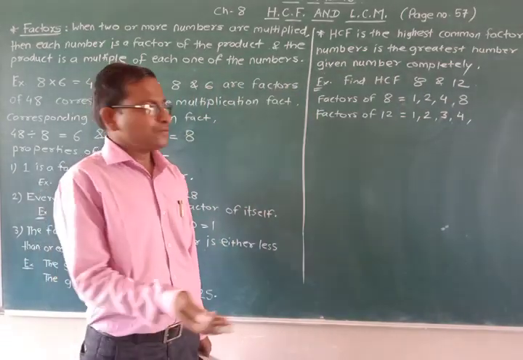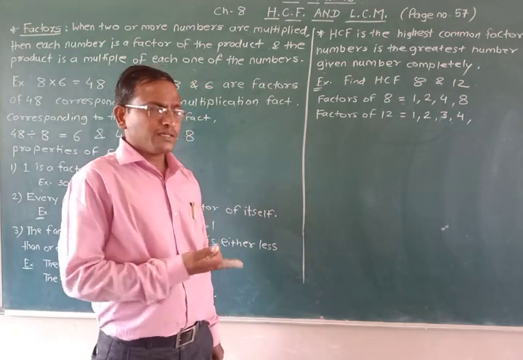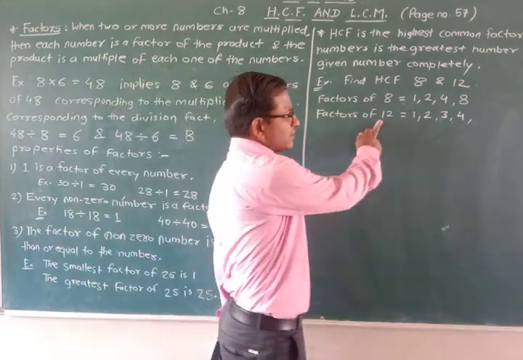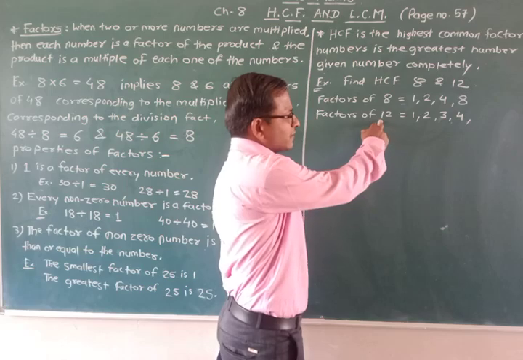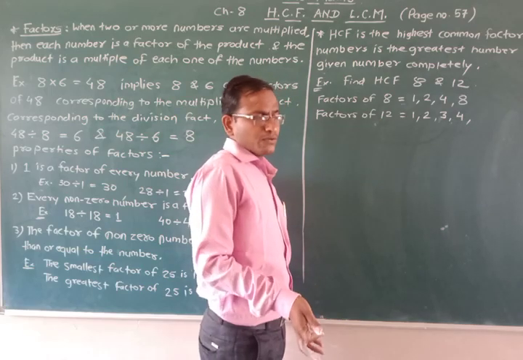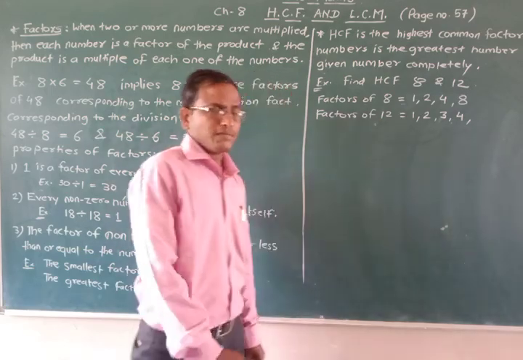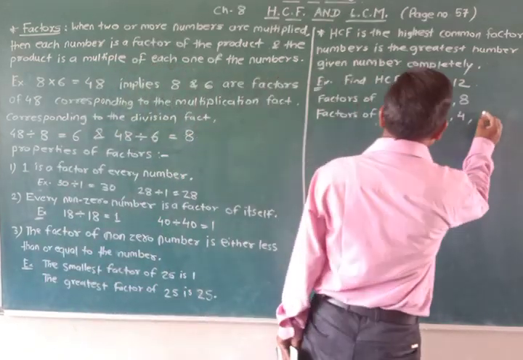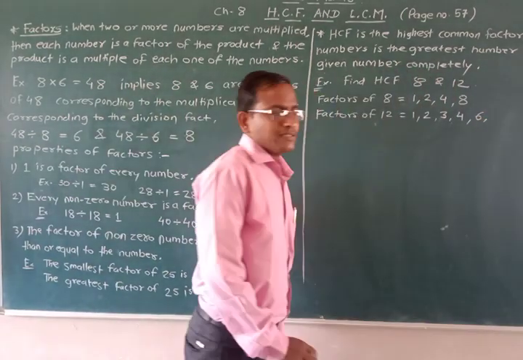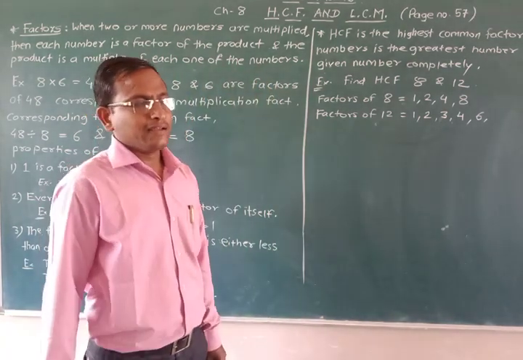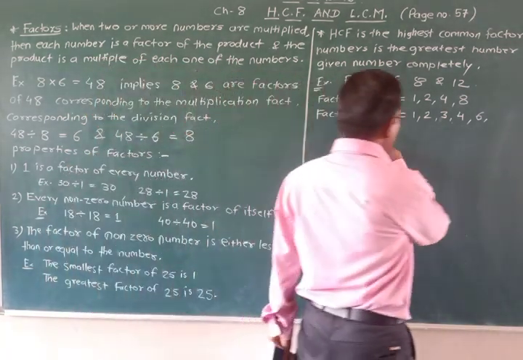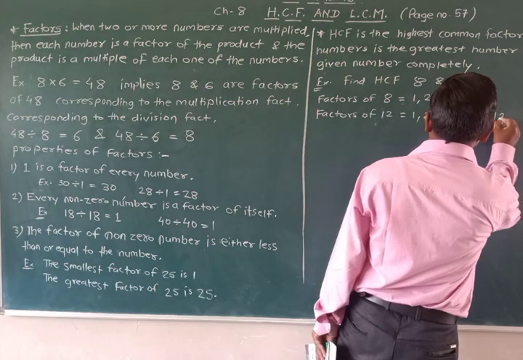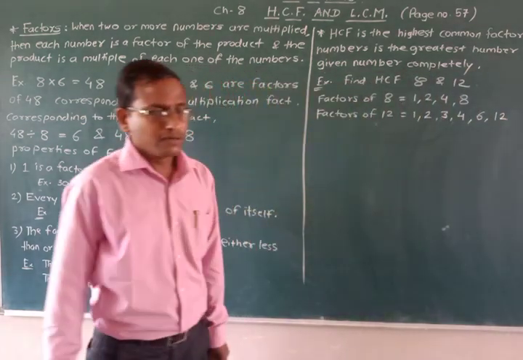Then 5 does not divide 12 completely, so 5 is not a factor of 12. 6 divides 12 completely. Then 7, 8, 9, 10, 11 do not divide, and 12 divides 12, so 12 is a factor of 12.